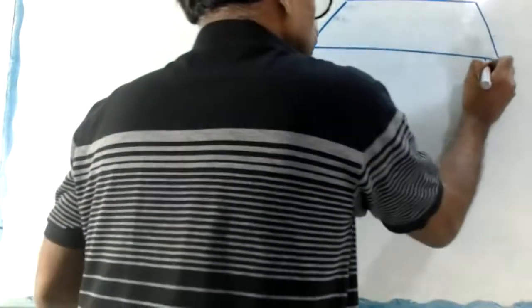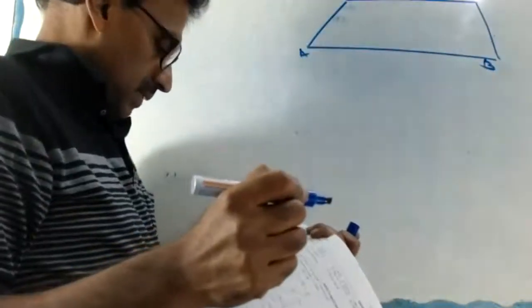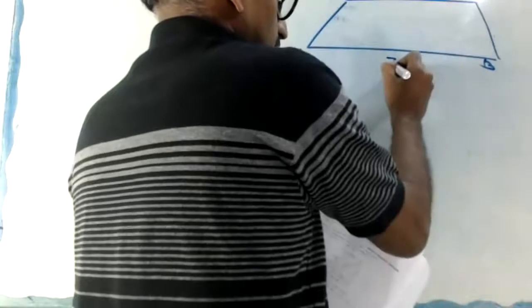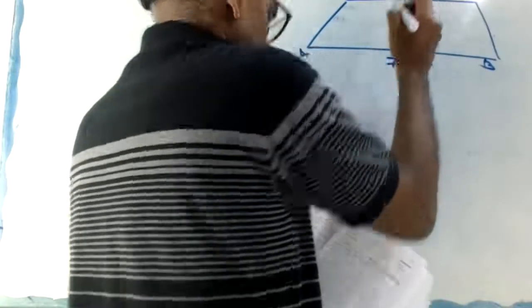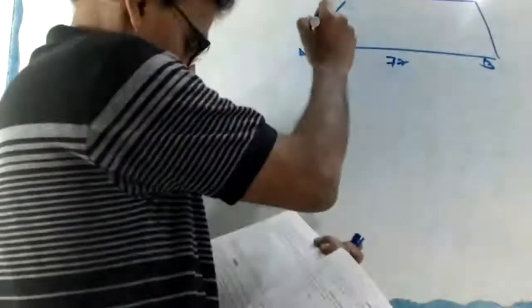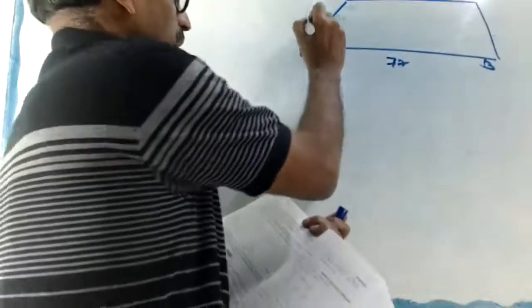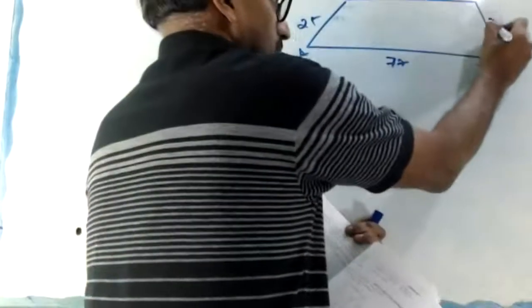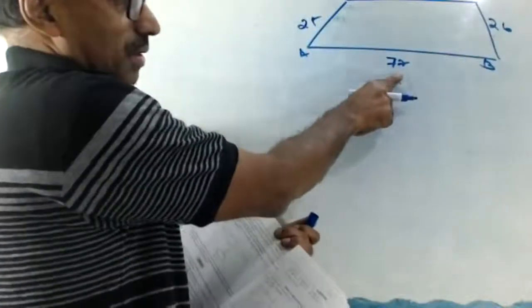A, B, C, D. First side is 77. This is 77, here 60. Okay, 25, 26. Okay, don't write 60 here.